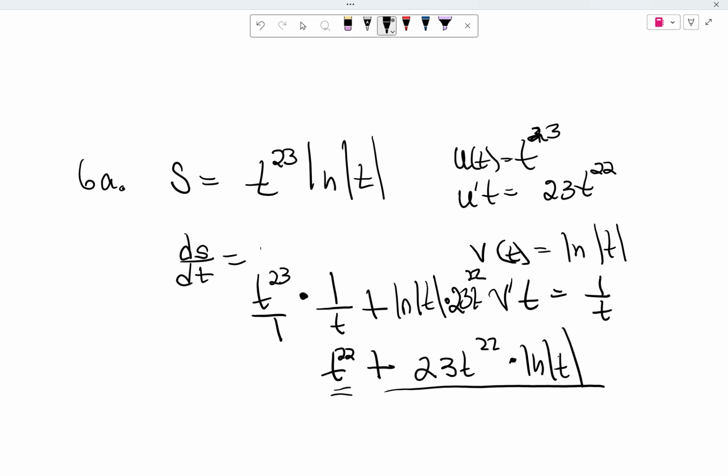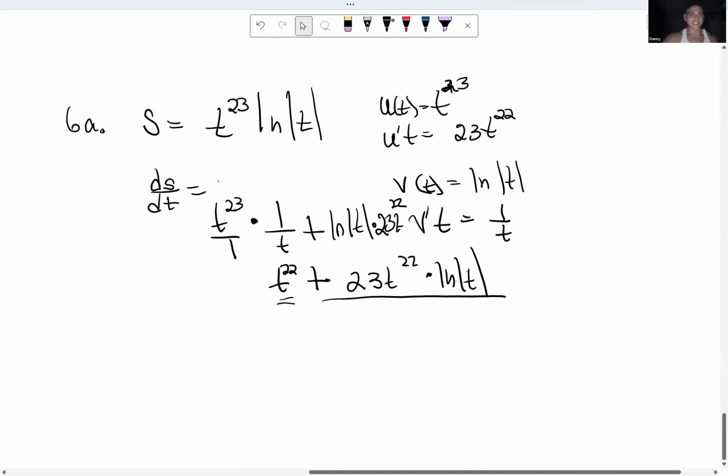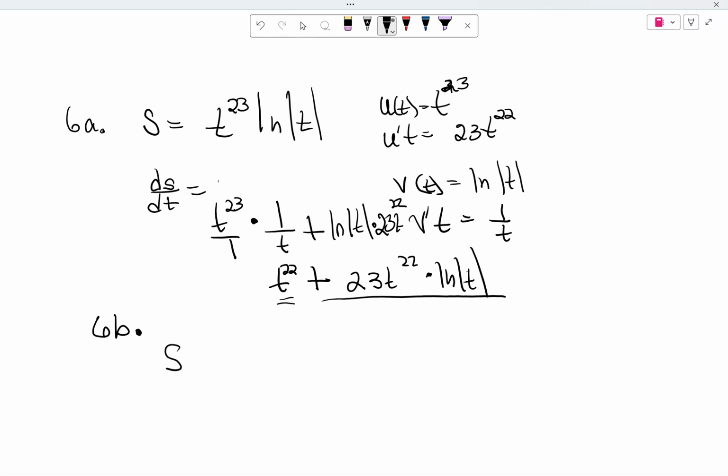So, would you like to try one more of these? Yeah. Let's call it 6b. I'm going to give you a function where s is equal to t to the third times the natural log of the absolute value of t. And remember, once you get the derivative, it's simply just a rate of change.